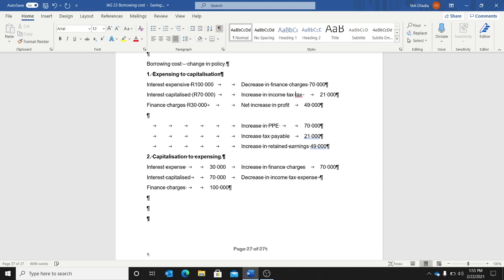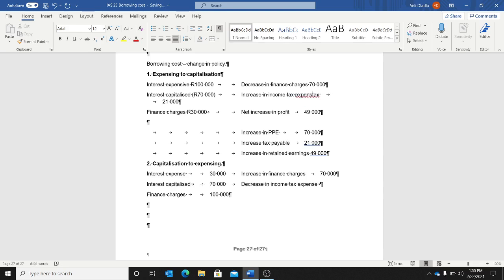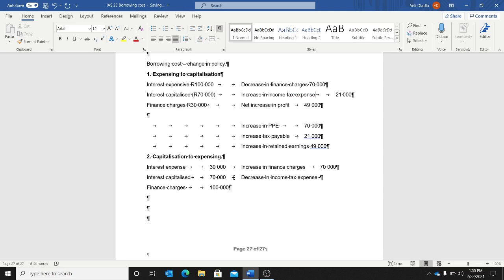Here you've got a 70 increase, then you'll have a decrease in income tax of 21, giving us a decrease in profits of 49.